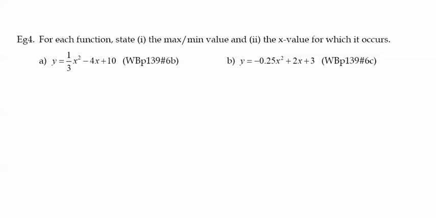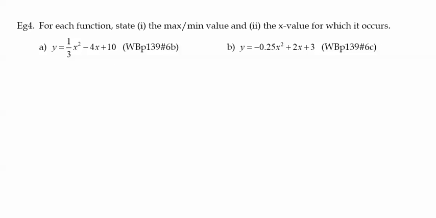Looking at example 4, we have a fraction. I know some of you find it difficult to work with fractions, but this is just part of the Pre-Calculus 11 concept. You need to know how to work with fractions.